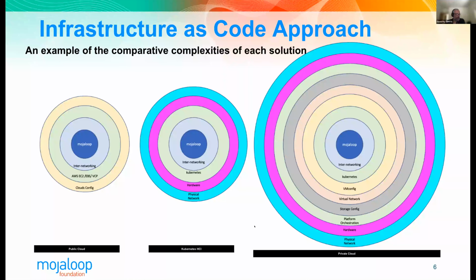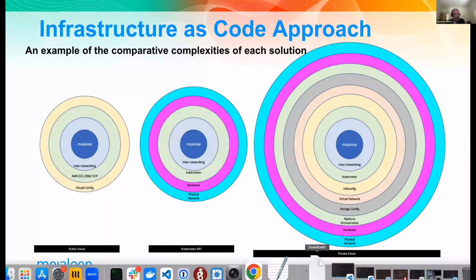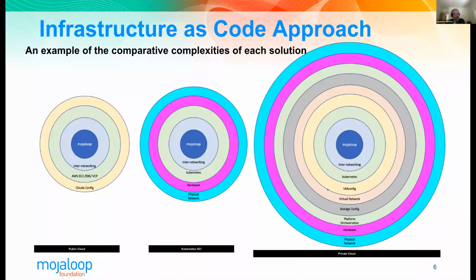And obviously, the difference between public cloud and private cloud is that all of these other layers in the onion are being handled for you by the cloud provider. And therefore, that's the benefit of going with a public cloud. But if you compare these two, then the obvious choice is to reduce your complexity by limiting the layers of the onion that you actually have to operate.